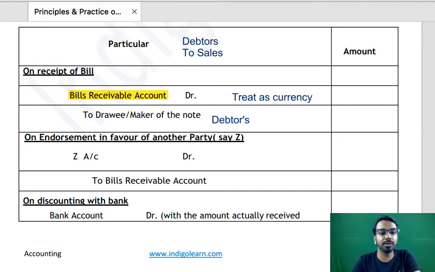Say for example, the bill was for 100, and the bank said, okay, we will deduct 10 as charges. So the bank has deducted 10 as charges and the remaining 90 is what you will receive in the bank account.